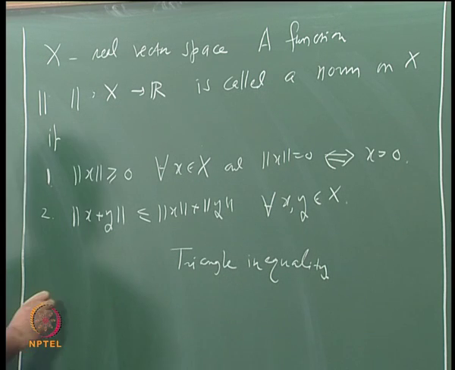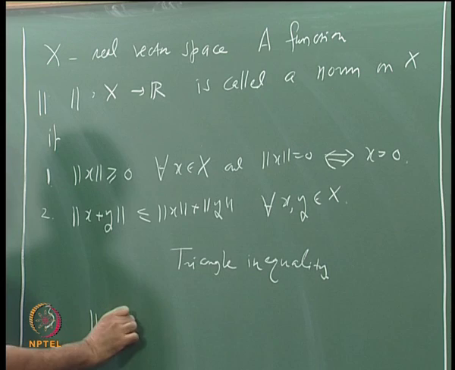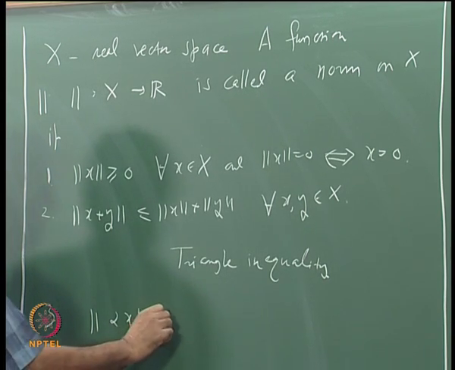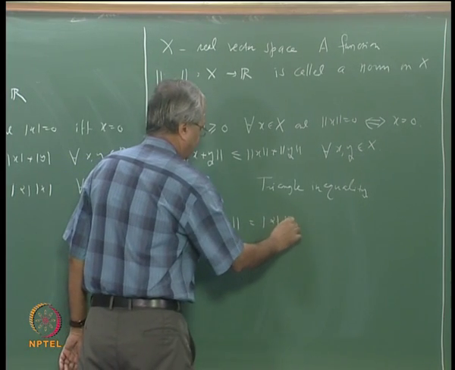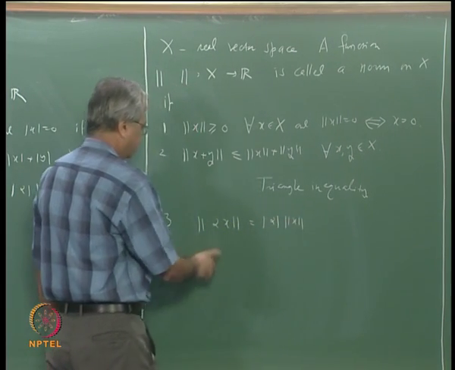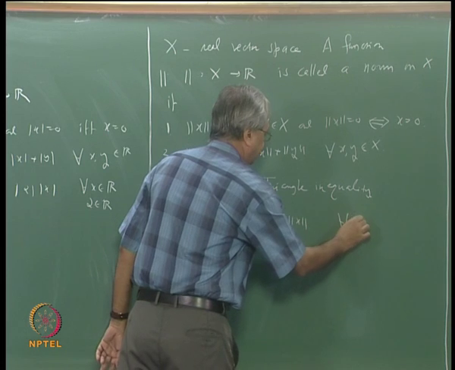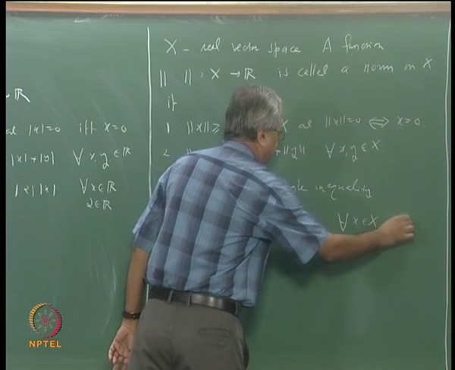And third property is norm of alpha times x is same as absolute value of alpha into norm of x. This happens for every x in X and every alpha in R.